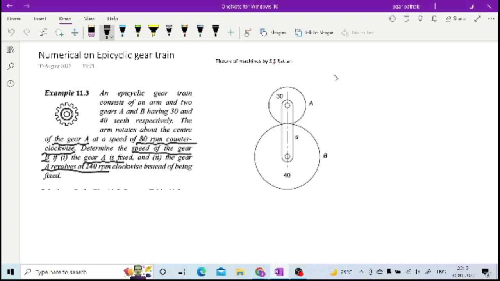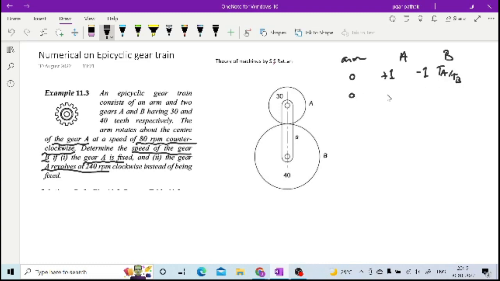So first we are going to make the table, as we made earlier. We have the arm, then gear A and gear B. So first is 0, then +1, then -1 into TA by TB, because it is driver upon driven.